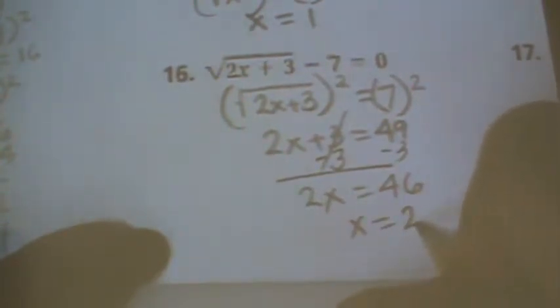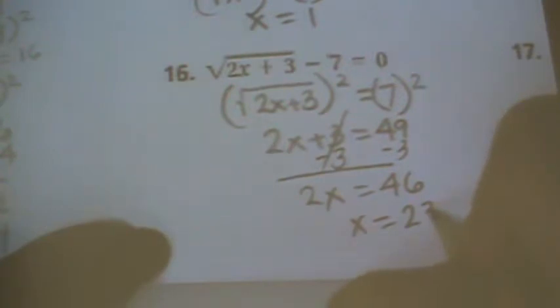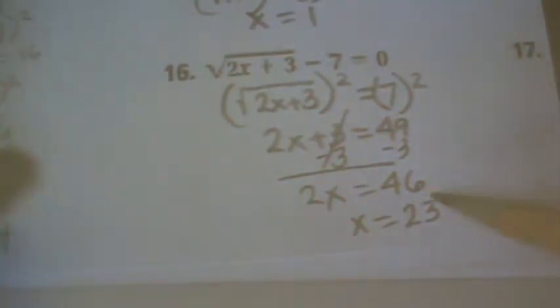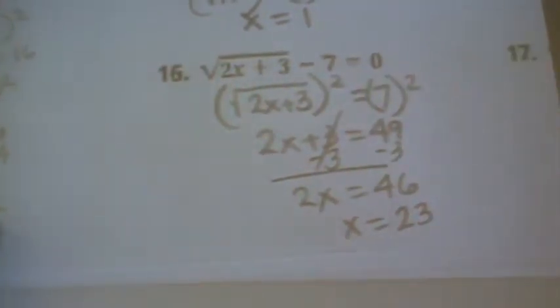What do you get? 23. Now, let's say you wrote 21 on the line. If you were to plug 21 in here and do the math, you're going to find your error, hopefully.